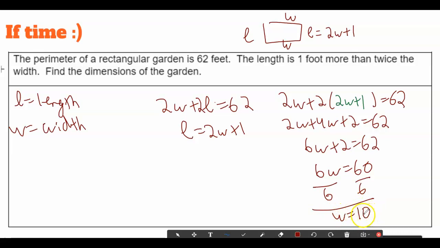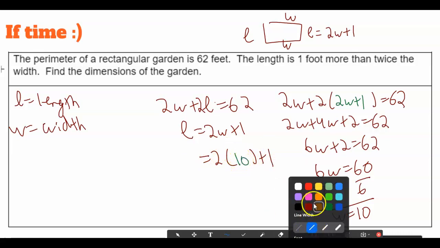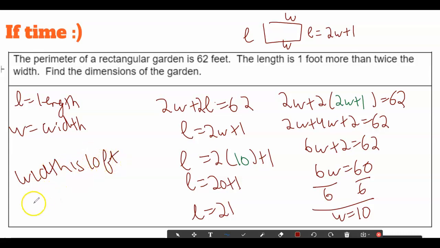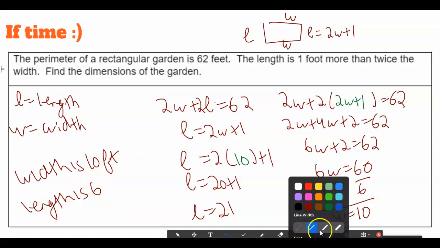So my width is 10. And if my width is 10, then I can substitute that in for my length. So I want to put units to it. So width is 10 feet. Length is 21 feet.